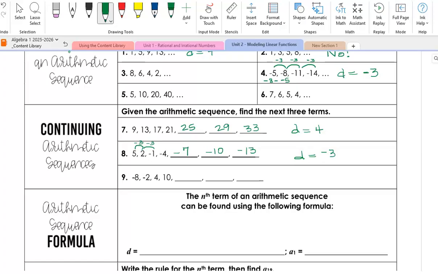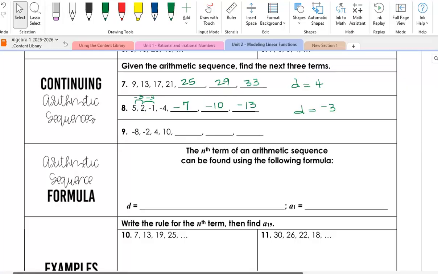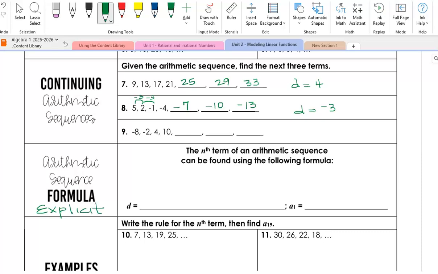Now, I'm going to teach you an explicit rule or formula. Okay, it is an explicit rule or formula, and it is used to find the nth term. Nth just means any number, any term that I ask you to find.